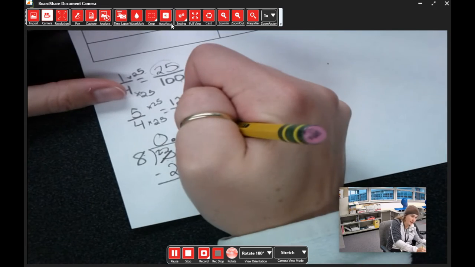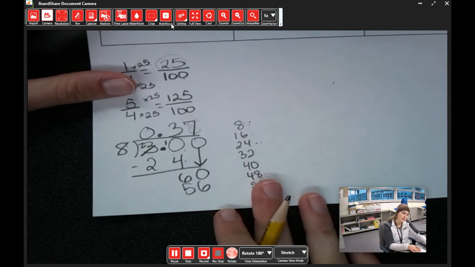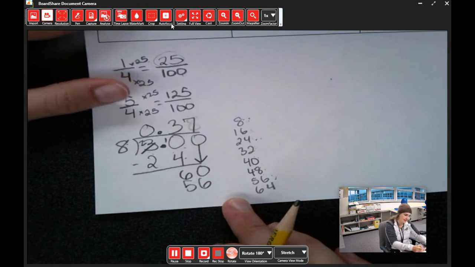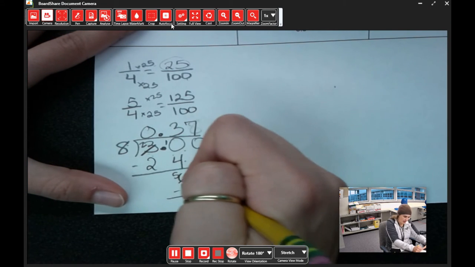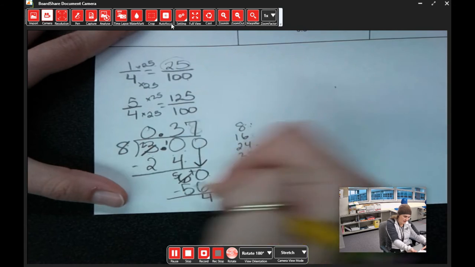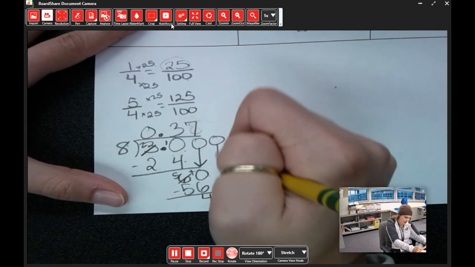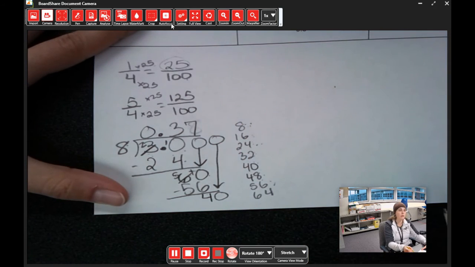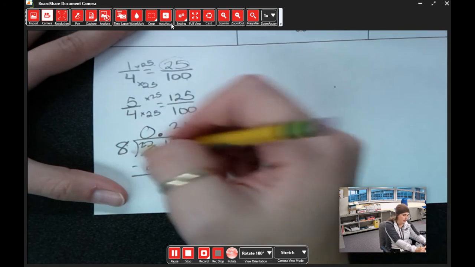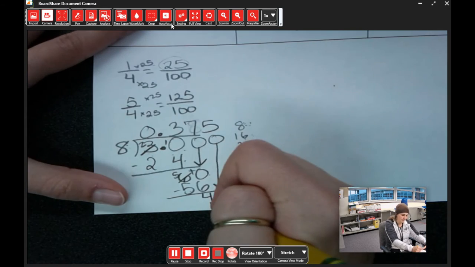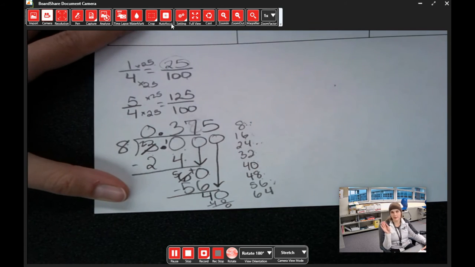I knew that sounded wrong. 7. 7 times 8 is 56. Subtract. 10 minus 6 is 4. 5 minus 5 is nothing. I still need to keep going with those zeros. 8 goes into 40 5 times. So there is nothing left over now.